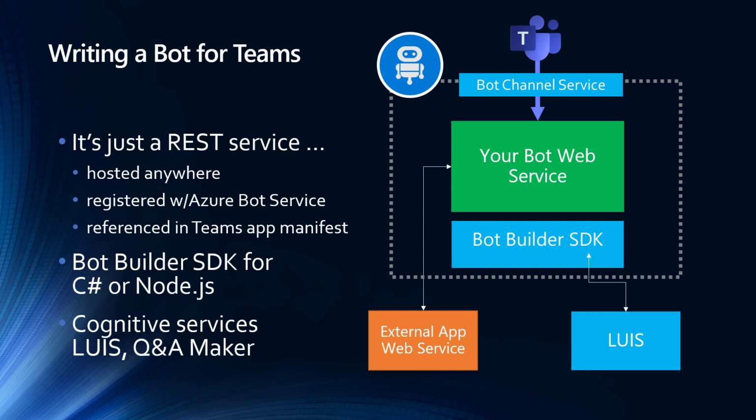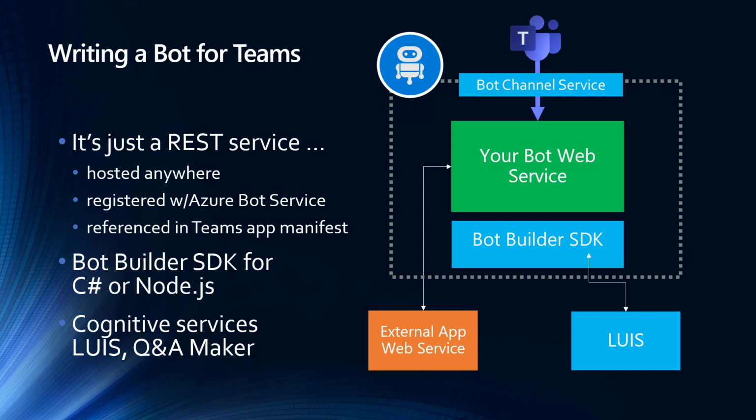In this workshop, I'm going to focus on using the Bot Builder SDK, which makes life a lot easier. And I'm going to switch back and forth between C# and Node.js. The Bot Builder SDK helps you to organize dialogues with your bot, manage bot state, and a bunch of other services that would be a lot of work to write from scratch.